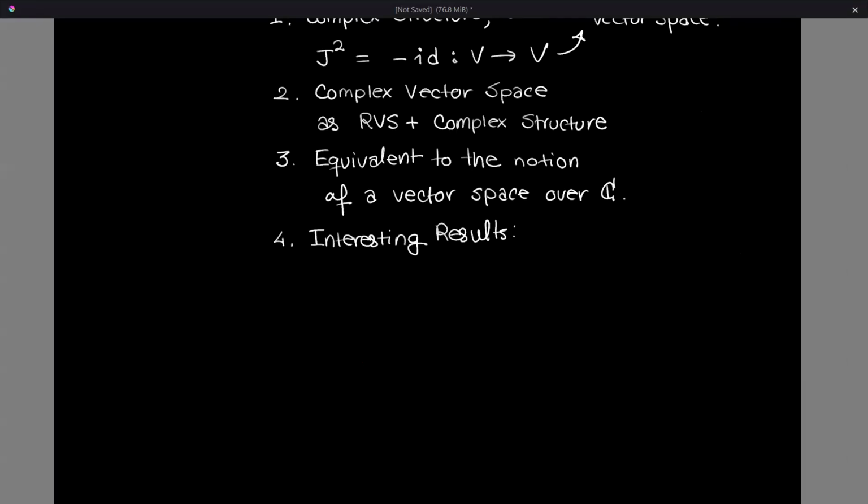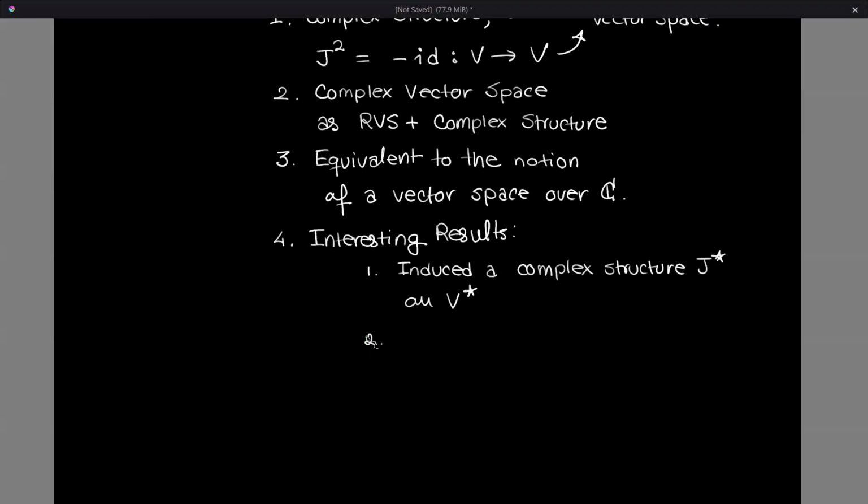The first thing that we looked at is that we induced a complex structure J star on the dual space V star.